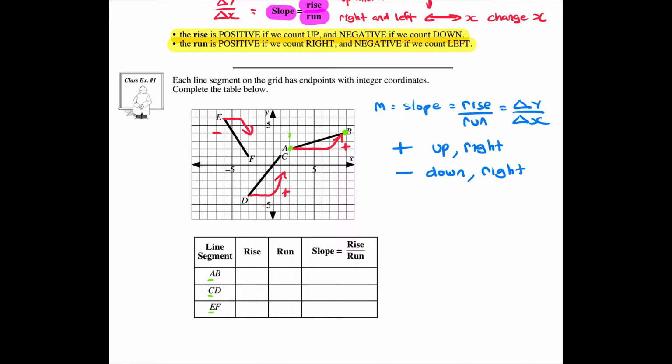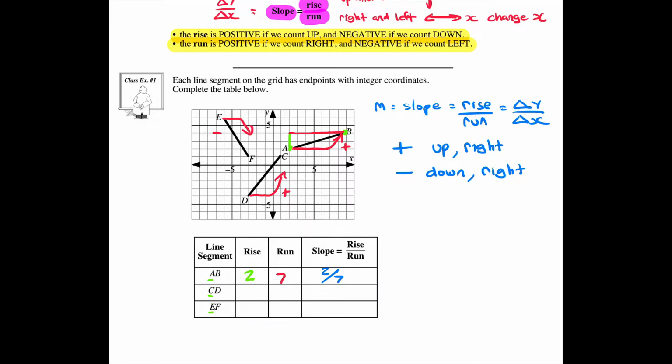Moving vertically, I'm going up 2, and moving horizontally, I'm going 1, 2, 3, 4, 5, 6, 7. So in this case, the slope is going to be rise of 2 over the run of 7.